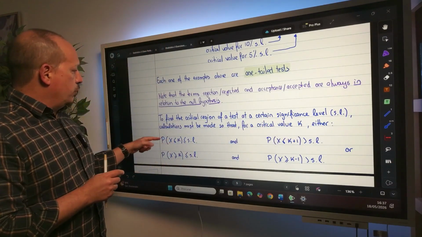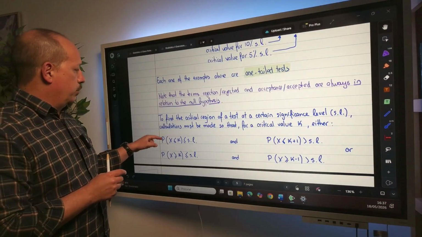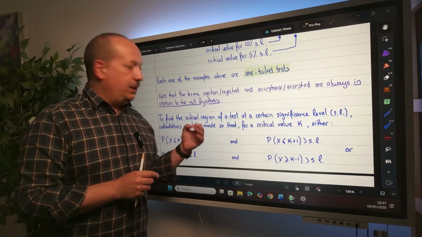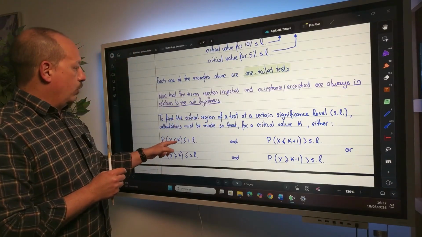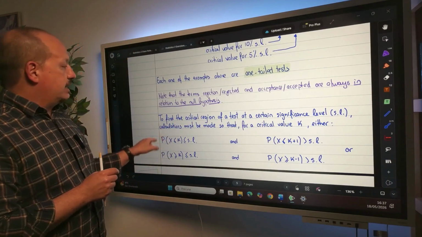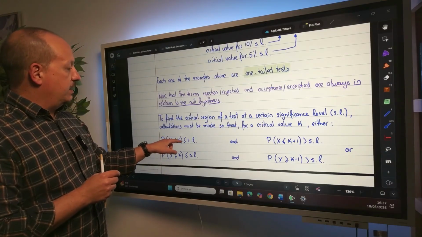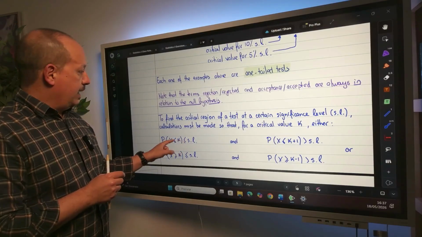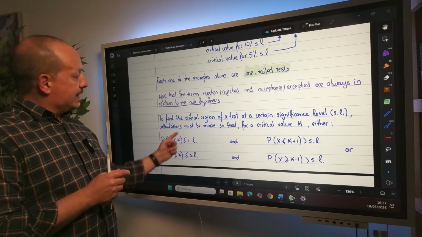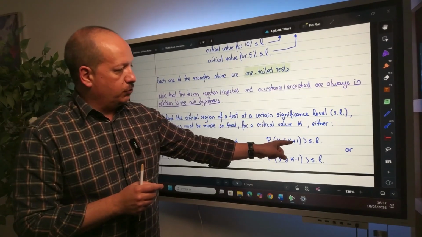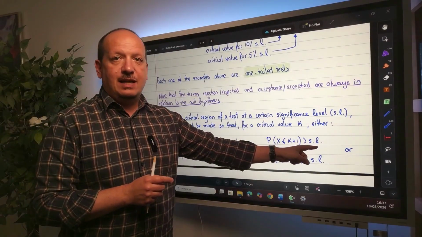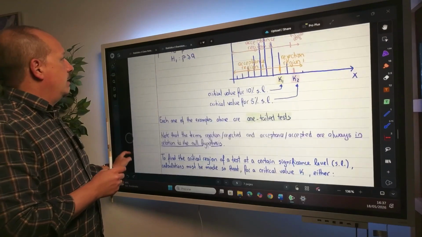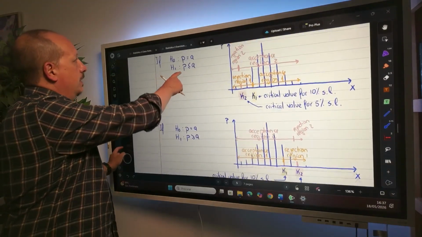You are going to calculate several probabilities for the random variable x until you figure out a value of k for which the sum of those probabilities is smaller than or equal to the significance level, and for which the next value, k plus 1, is already bigger than the significance level. This is true when you are making a test of this first type.